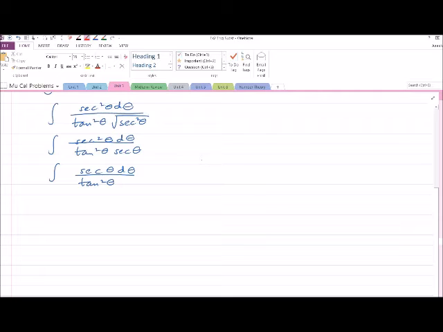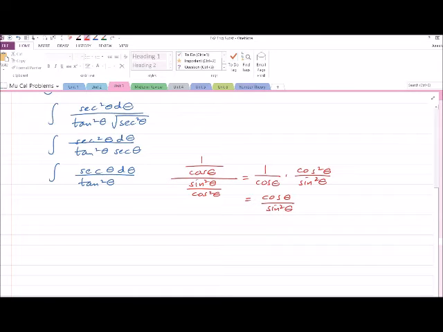Since secant is 1 over cosine, and tangent is sine squared over cosine squared, I'll keep change flip, and this becomes cosine over sine squared. I think I can work with that.